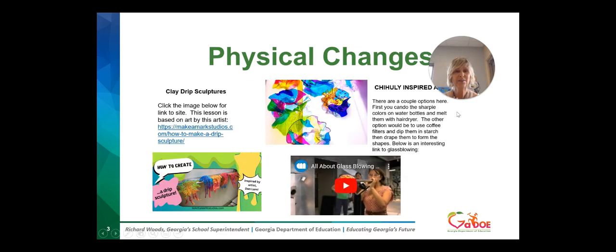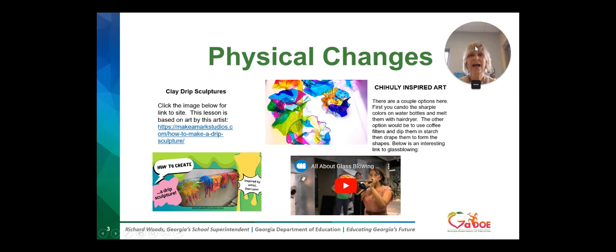Just depends on how you want to handle that. All right, so the first thing. Physical changes is one of the standards, and I haven't done this one yet, but it's on the to-do list. This is called clay drip sculptures. I got it from Make a Mark Studios, and she creates this great lesson inspired by an artist named Dan Lamb, and Dan Lamb makes these really cool, it's almost like slime.